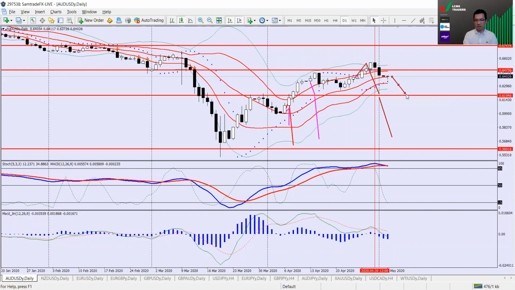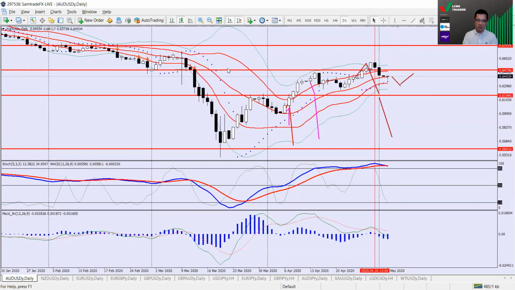We might see that downward move later tomorrow. I wouldn't say it's all the way down 180. I would say maybe about 100 pips down, before a possible back up again.